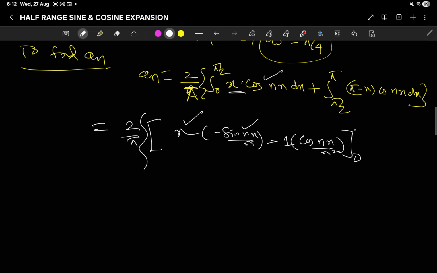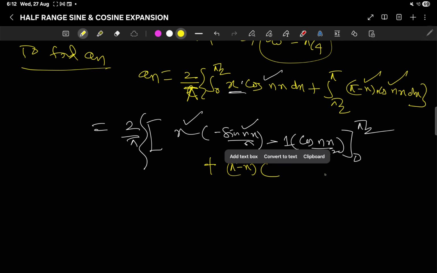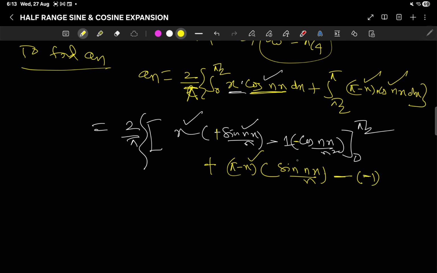Okay, it is here 0 to pi by 2, and plus you apply by parts here again, it is pi minus x, integration of cos nx is sine nx by n, put a negative sign, the derivative of this is minus 1 here, and the integration is minus cos nx by n square. The limit is pi by 2 to pi.